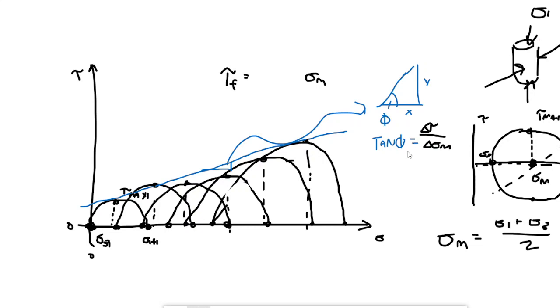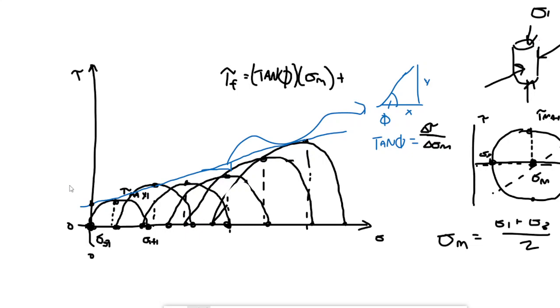And we want to keep that because that angle means something significant. And I'll talk about that in a little bit, but first let me finish writing this equation out just so you can see the parallels. So it'll be tangent phi times sigma m, and then plus the y-intercept here, and I'll talk about this now.